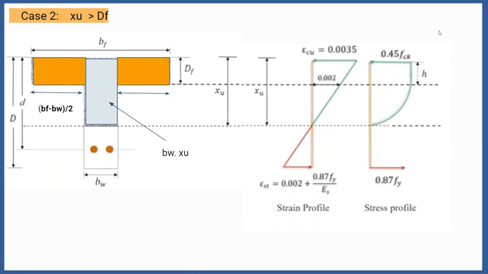Now, it's a balanced section होने से क्या होगा? 3/7 of xu becomes xu limit. ठीक है, there shouldn't be any problem. क्योंकि why I'm converting this, because in IS code x limit, ठीक है, xu limit का वैल्यू xu by d का लिमिट का वैल्यू हम लोग को as per grade of concrete दे के रखा है.